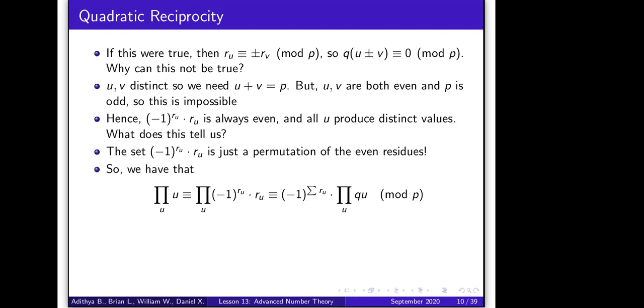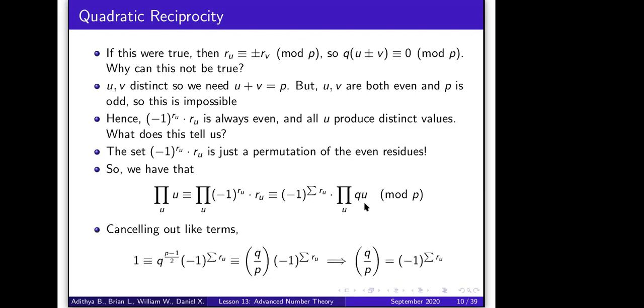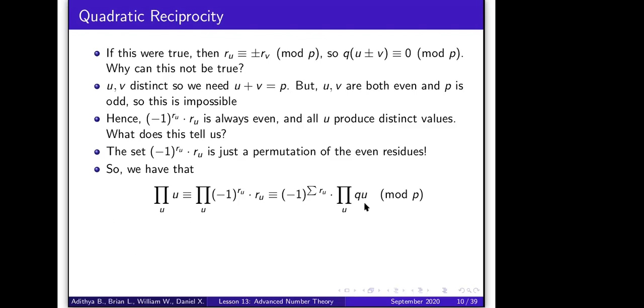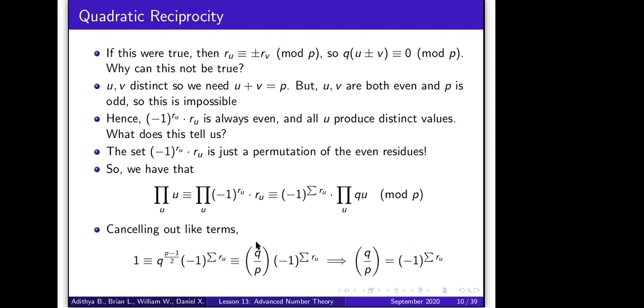So given this relation, what can we get? We see that the product over all u appears on both sides, so we can cancel them out.